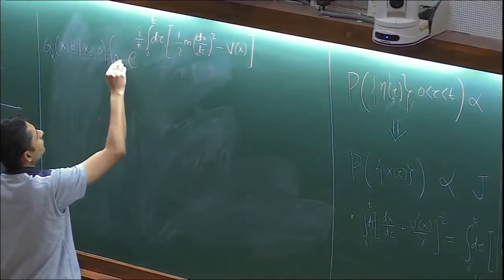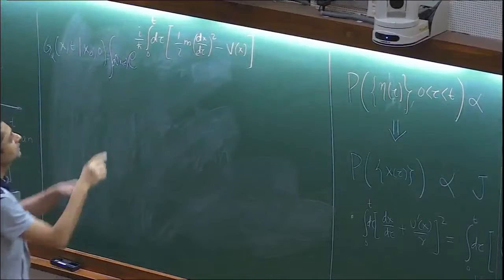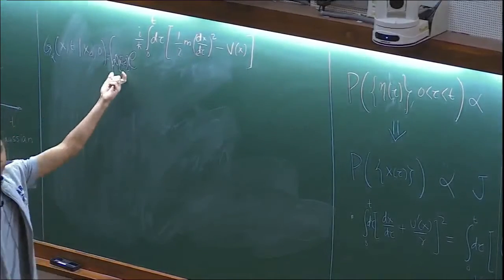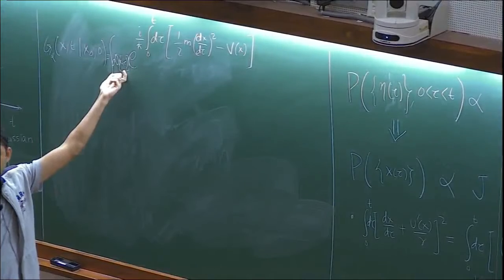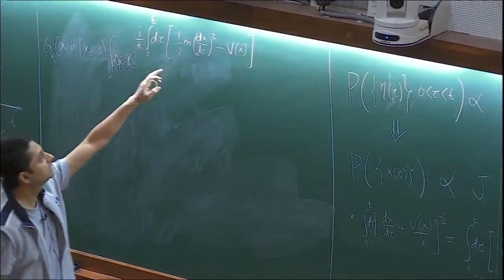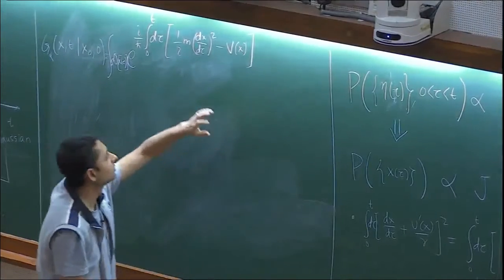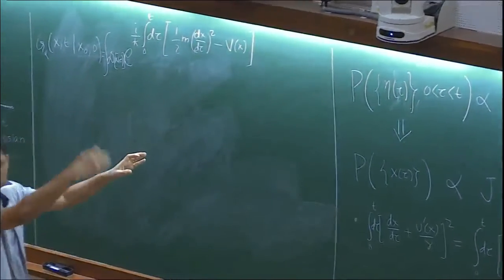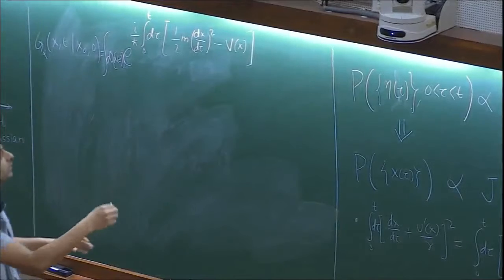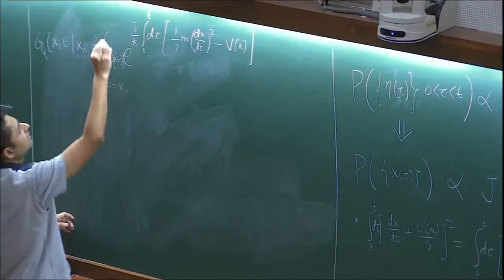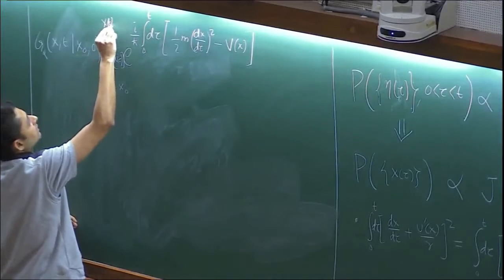So what does this integral mean? See, again you have this full path, right? I am integrating over all the midpoints, keeping x at 0 equal to x0 and x at t equal to x.